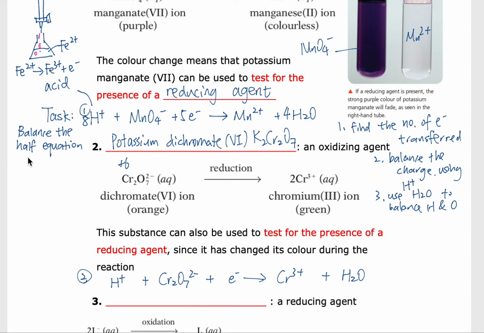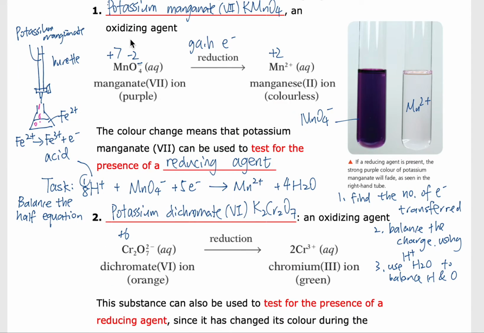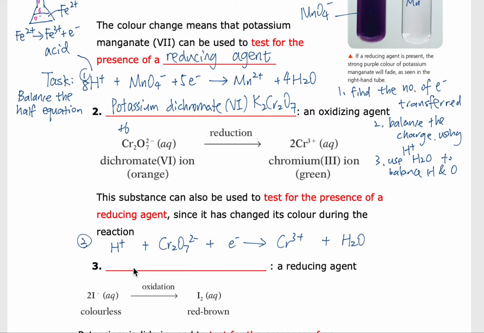As you can see, most of the good oxidizing agents have a very high oxidation state, and that's why it has a tendency of gaining electrons. After gaining electrons, after being reduced, it goes from +6 to +3.